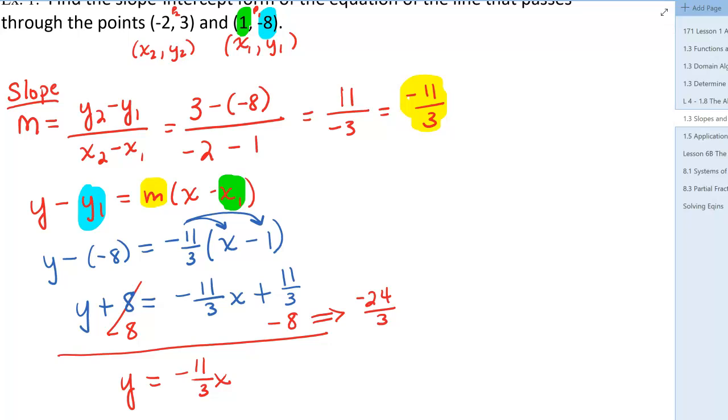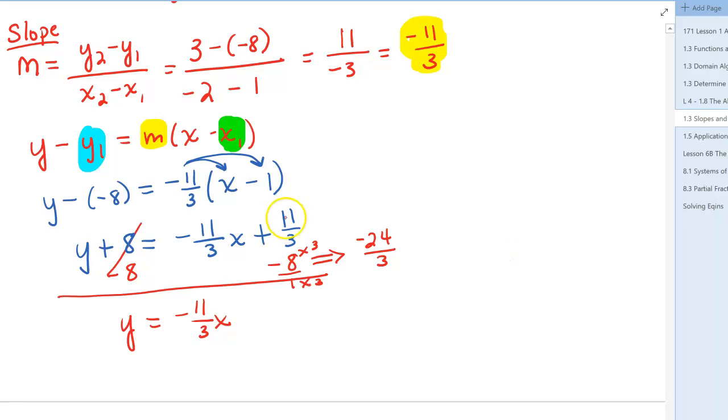Isn't that equal to negative 8? Think of this over 1. You have to multiply by 3, and that's where negative 24 came from. So it's a positive 11 minus 24, which is going to give me negative 13/3. And that's the answer.